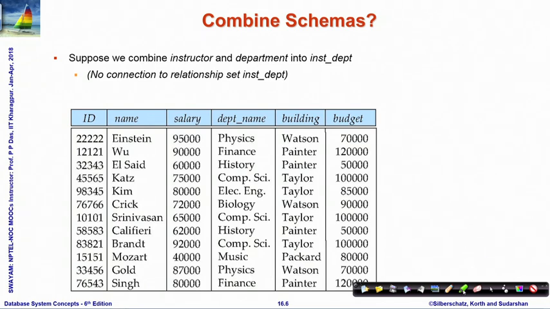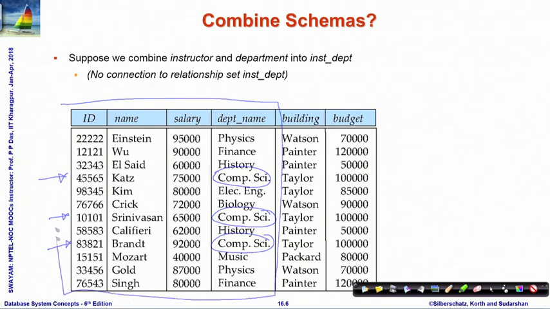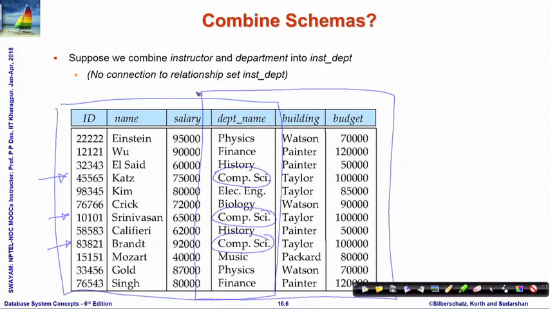Now, if you look into this data carefully, for example, if you look into this particular row, and this particular row, and this particular row, these are rows of instructors who all belong to computer science. Earlier, we were representing the information of instructors only in this part, so we just knew that it is computer science, and we represent the information of the department in this part.